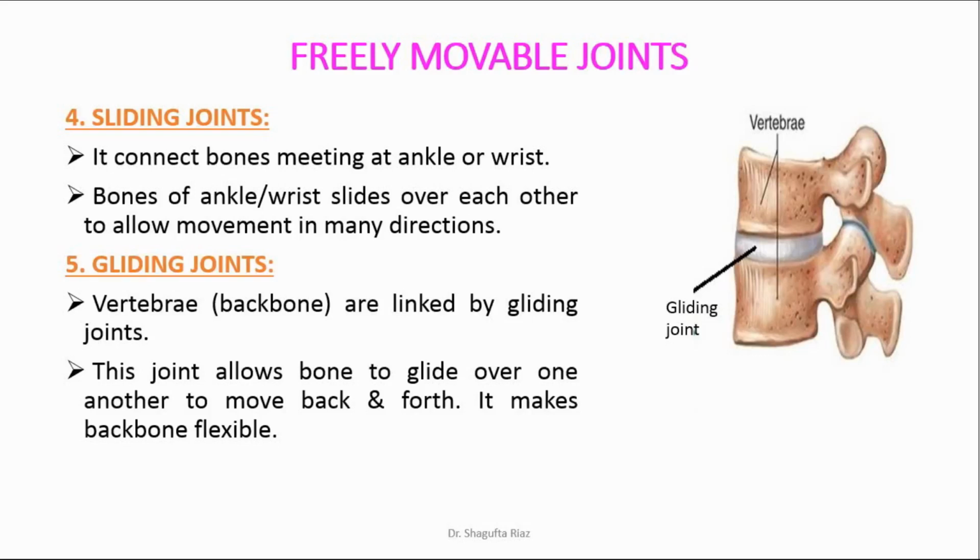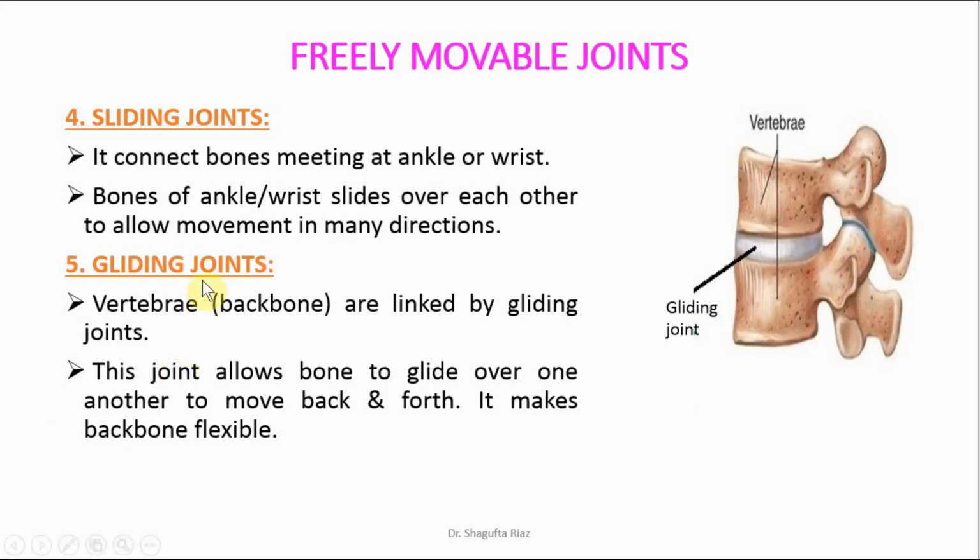That could allow a movement in many directions, right? We can twist or rotate our wrist and our ankle very easily in circular direction because of the sliding joint present in the wrist and ankle.